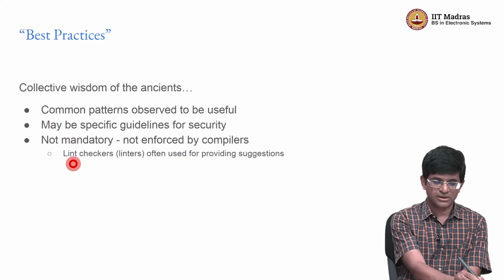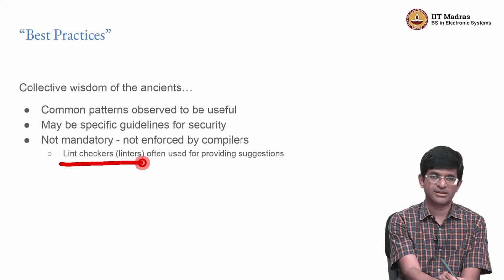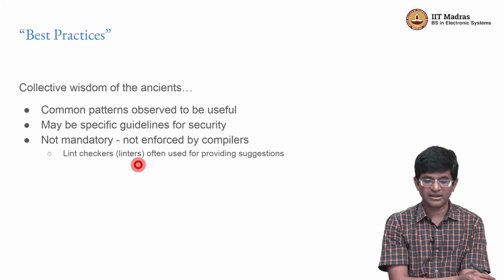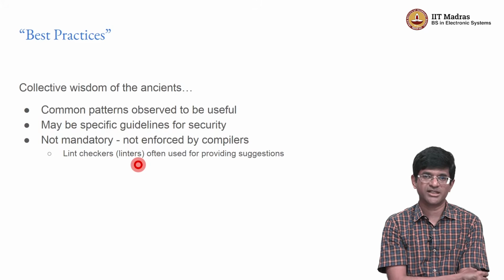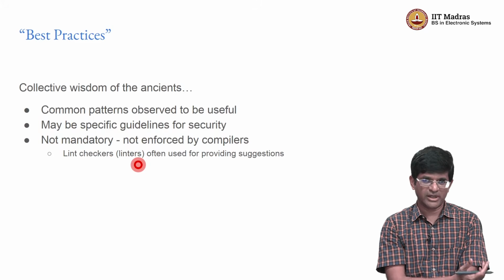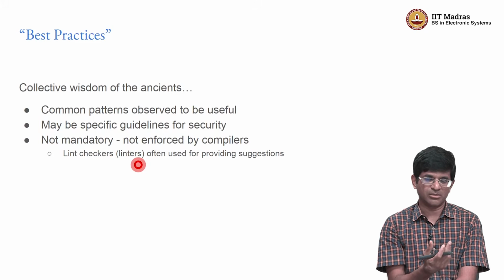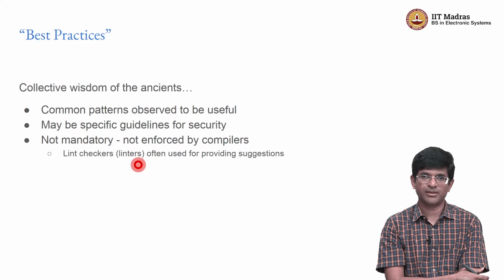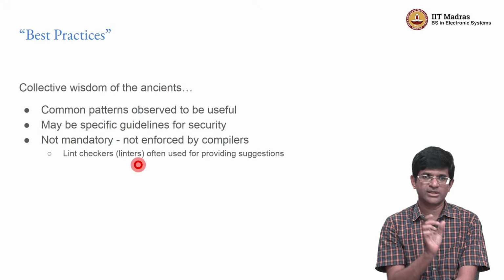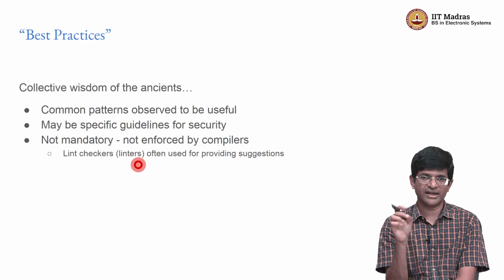There are software tools usually called linters or lint checkers that are often used in order to provide suggestions on what can be done. Many of you may have already come across IDEs, development environments, including things like Replit, where you might have written C code, where as and when you write the code it puts a squiggly red or yellow line.